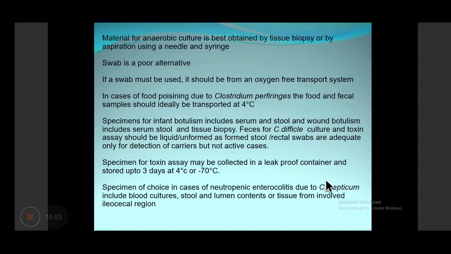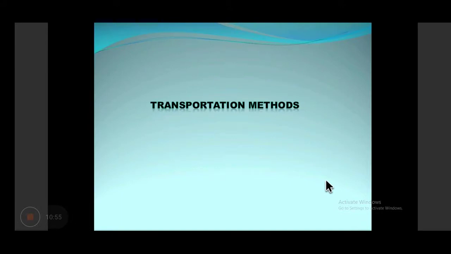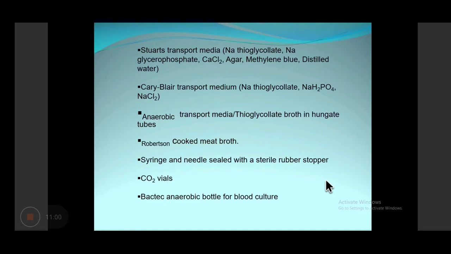So the choice of specimen depends on the site of infection. What are the transport methods? Exposure to oxygen should be avoided. So there is a stored transport media.